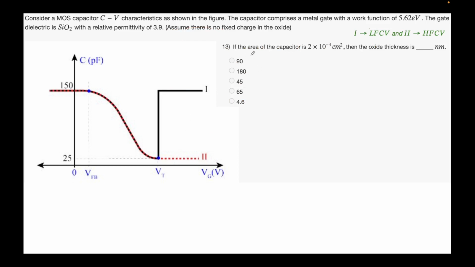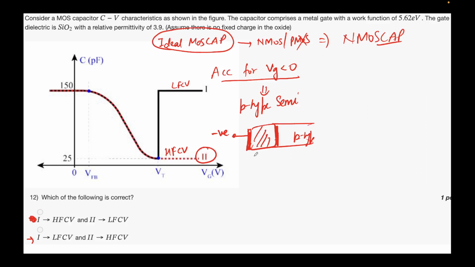Second says that if the area of the capacitor is 2 × 10 to the power minus 3 cm², then the oxide thickness is, okay, so remember that this point is nothing but Cox. This was oxide, and the accumulation, but whatever capacitance that we see is only due to the oxide.